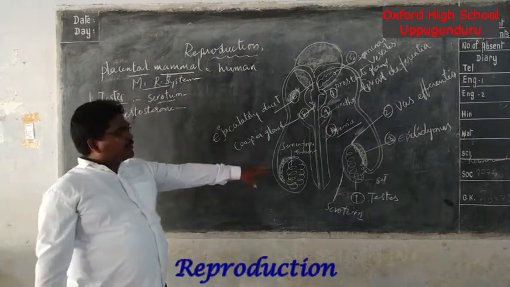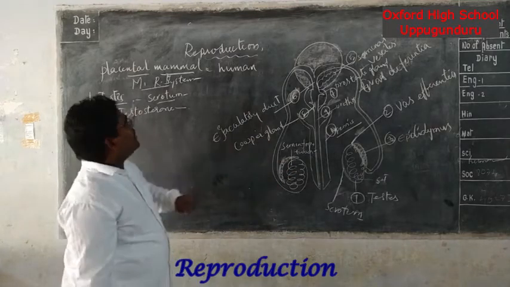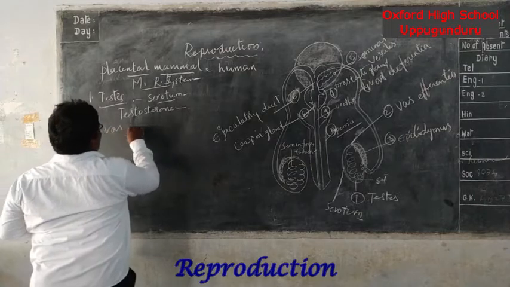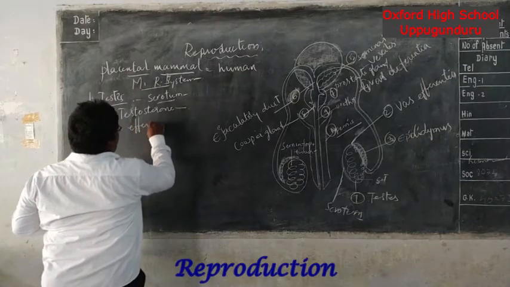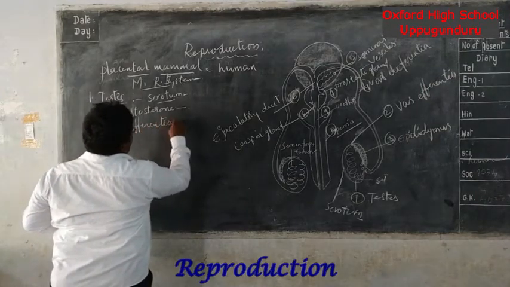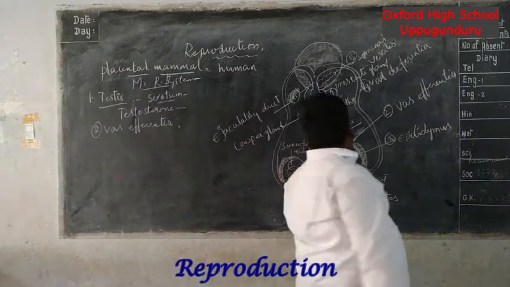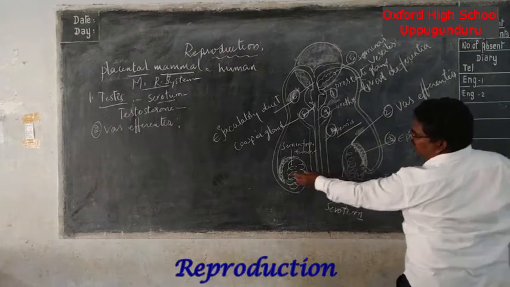So the first one, testes, is over. The second one is vas afferentia. Dear students, the seminiferous tubules open into vas afferentia. This part is not in our textbook.